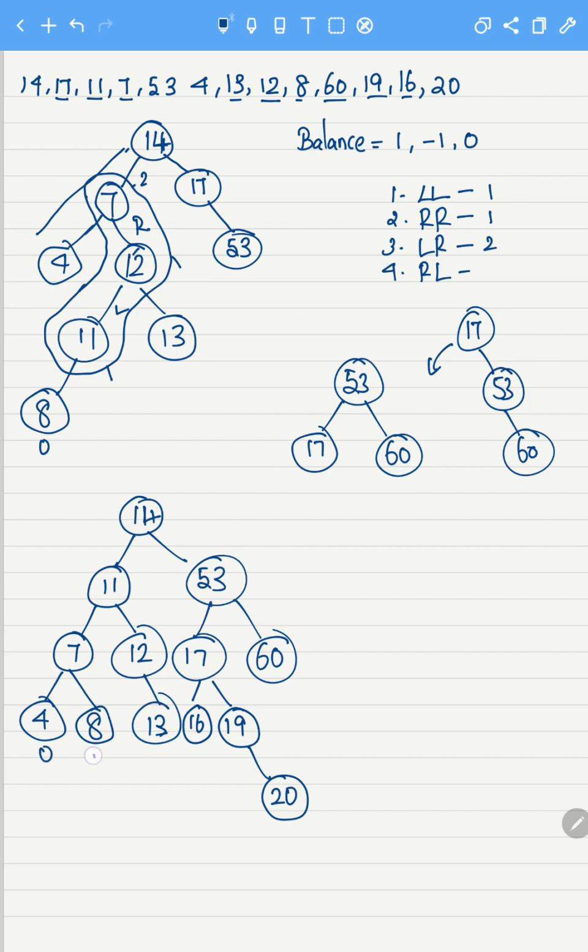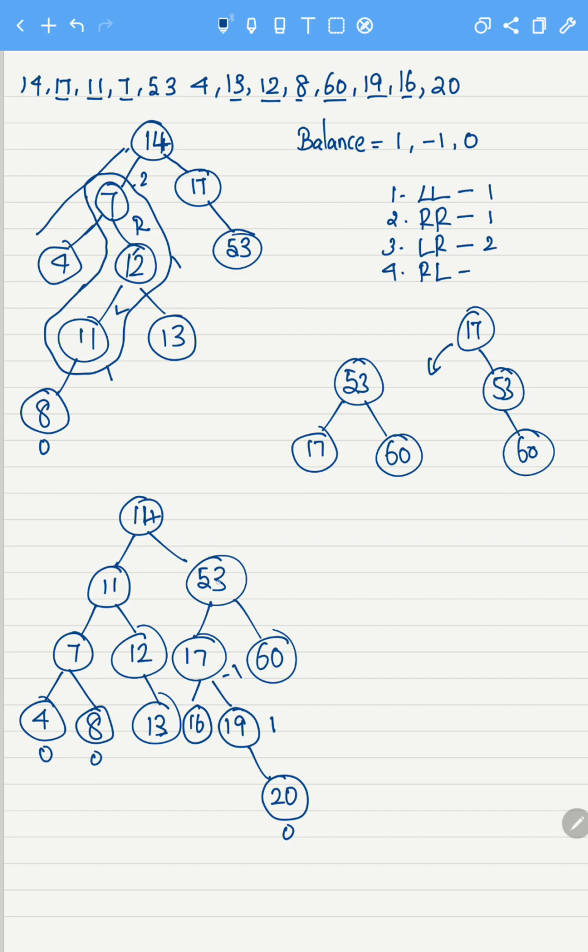Now this will be 0, 0, this will be 0, 0 minus 1 will be 1, this will be 1 minus 2 will be minus 1.